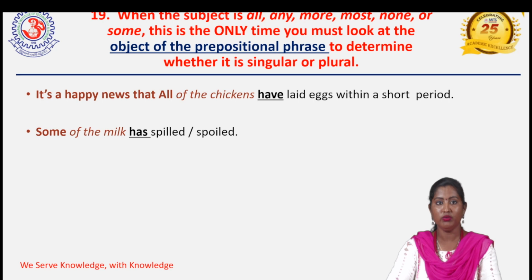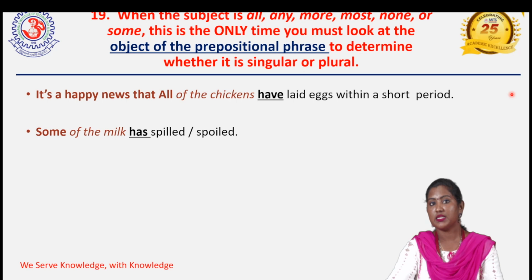And 19th rule: when the subject is all, any, more, most, none, or some, that is the only time you must look at the object of the prepositional phrase to determine whether it is singular or plural. It's happy news that all of the chickens have laid eggs within a short period.